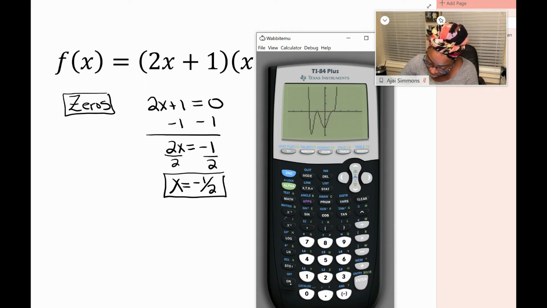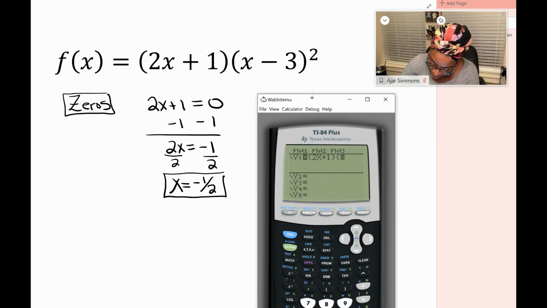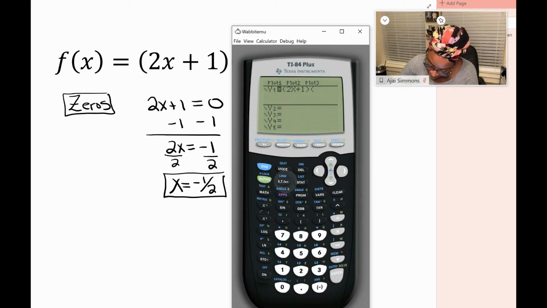I don't have this in here, so let's clear this out. Let's put 2x plus 1, and then what was it, x minus 3? And it's raised to what power?